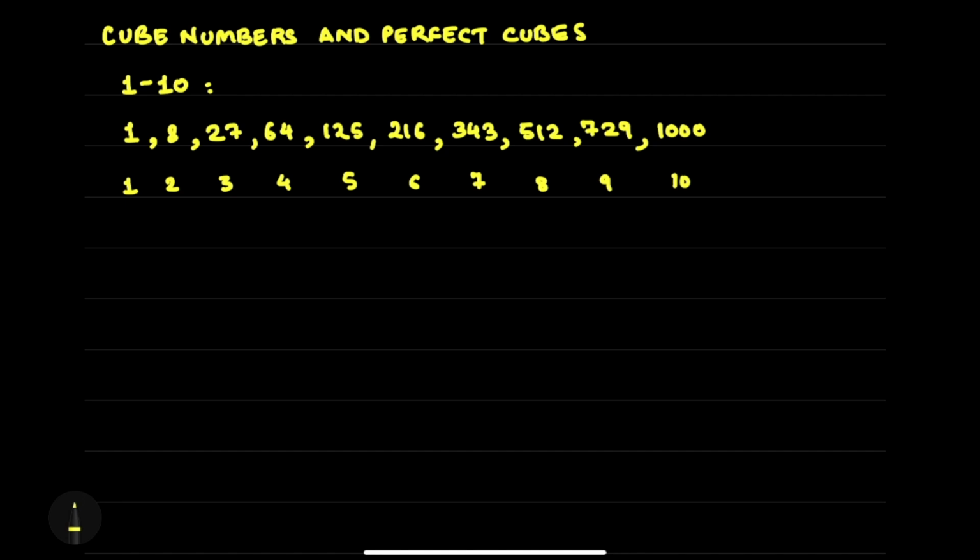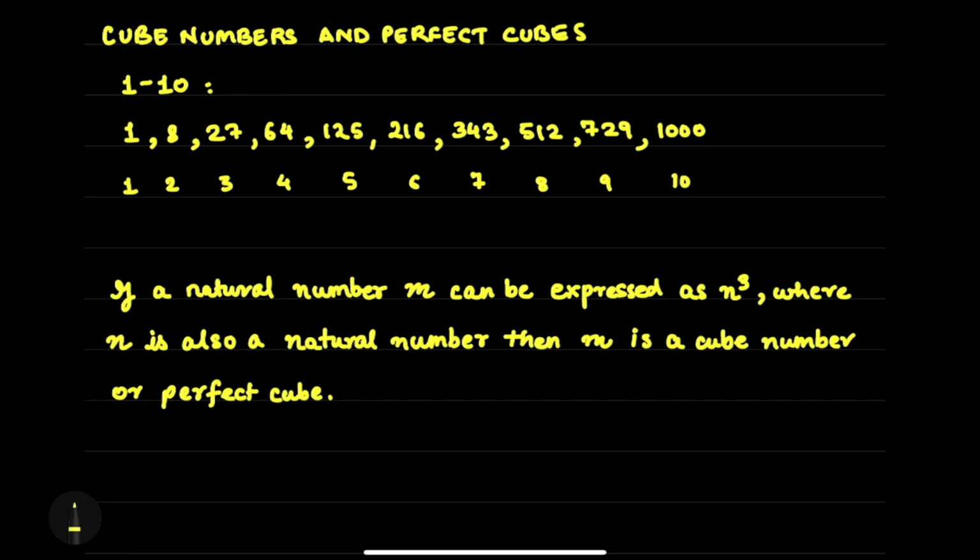If we have to express this in a formal definition, we will say: if a natural number m can be expressed as n cube, where n is also a natural number, then m is a cube number or a perfect cube. So this is the formal definition.